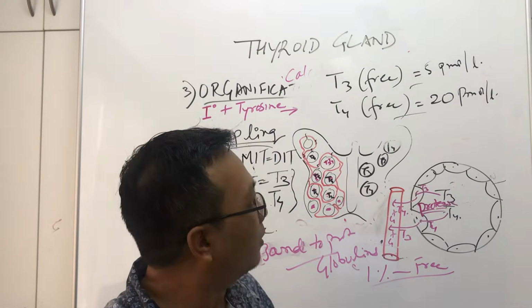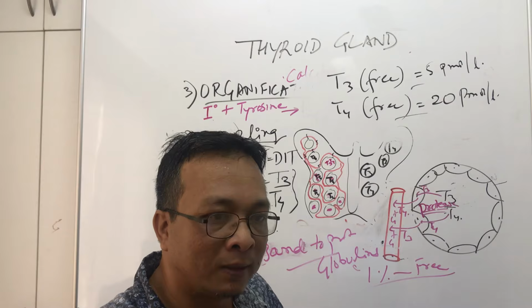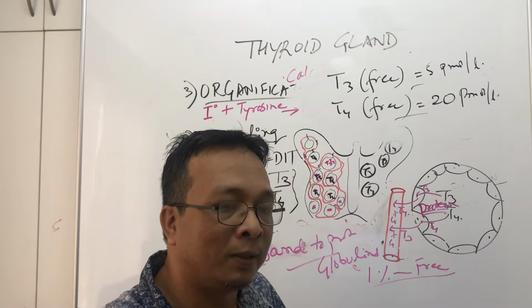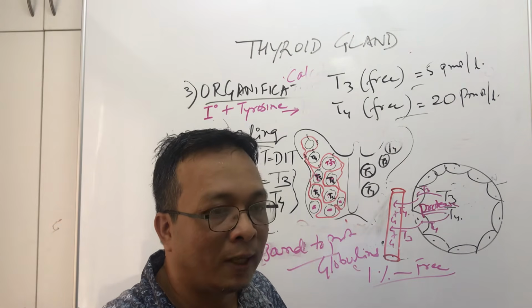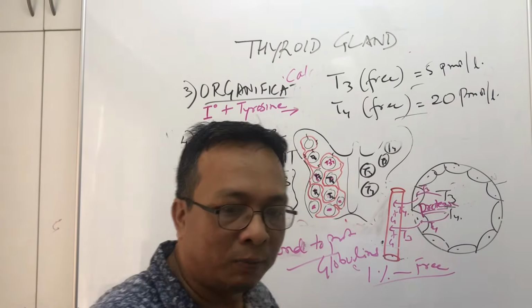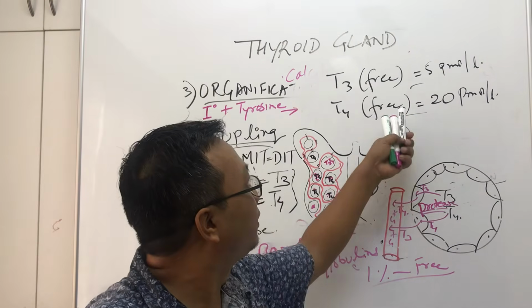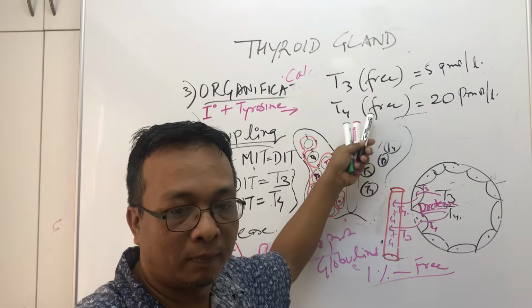More globulin available, more T3 and T4 will bind. So free T4 and T3 will be less, and it may result in hypothyroidism, meaning low thyroid gland function. I hope you are getting my point. If there is less protein, there is more free hormone, and this level may go up.